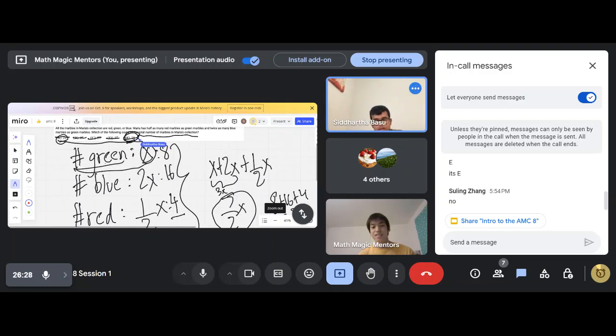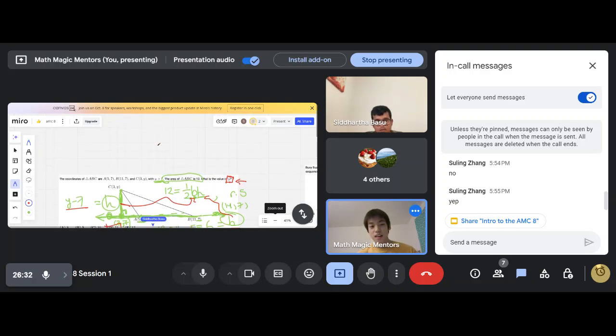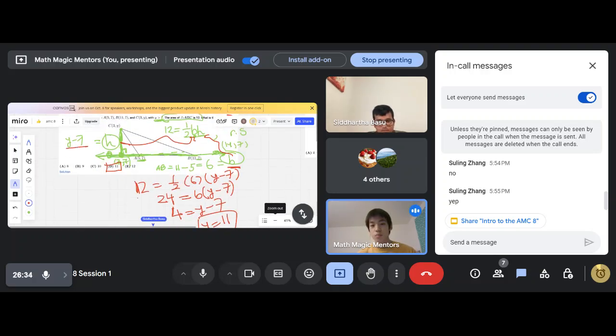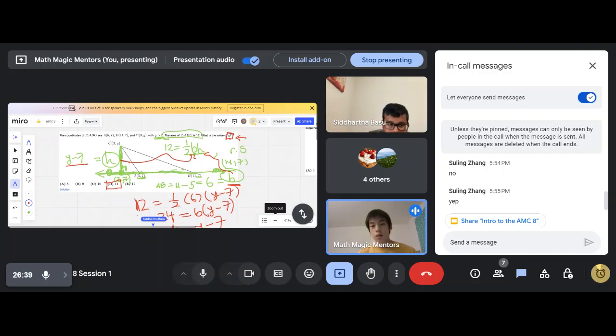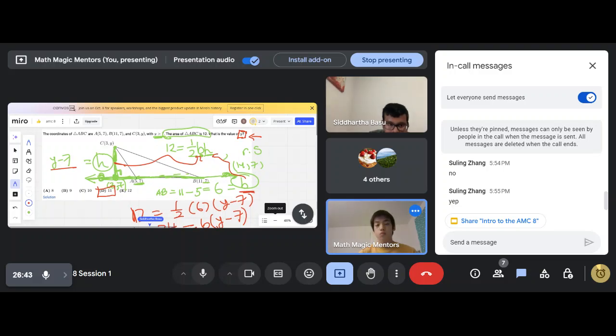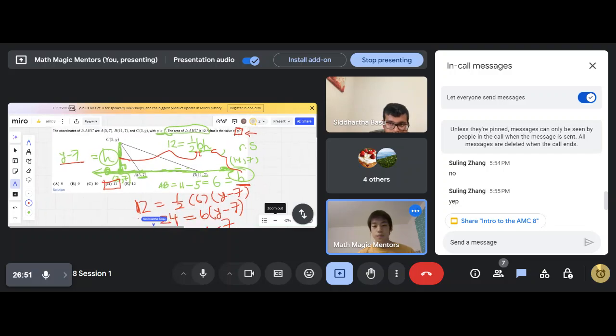Okay. So to summarize these two problems, what can we take away here? These two problems are on the AMC8, and are relatively simple compared to what you would usually see in the last 10, I believe.